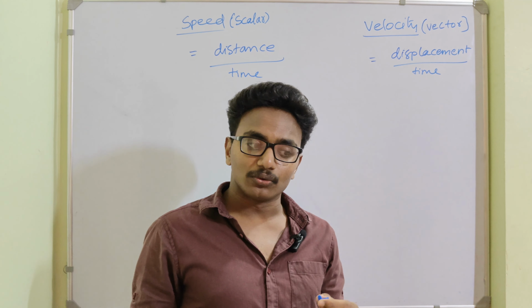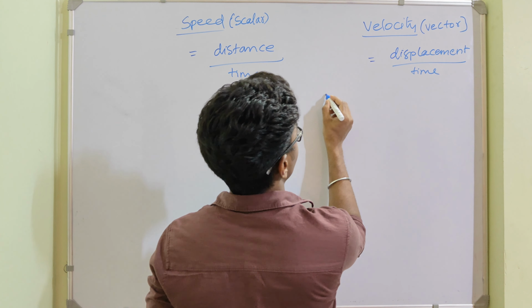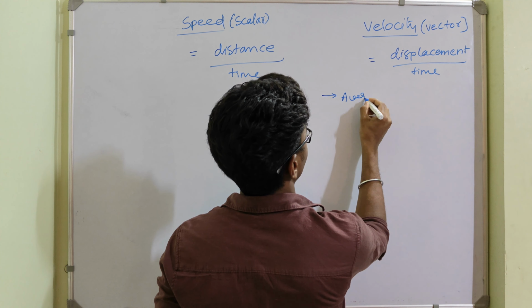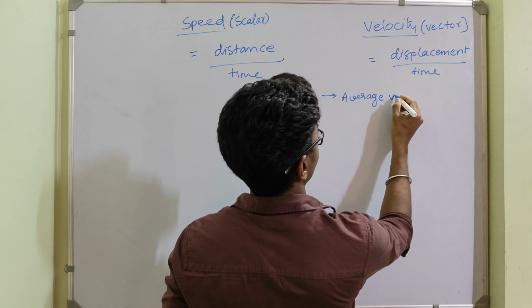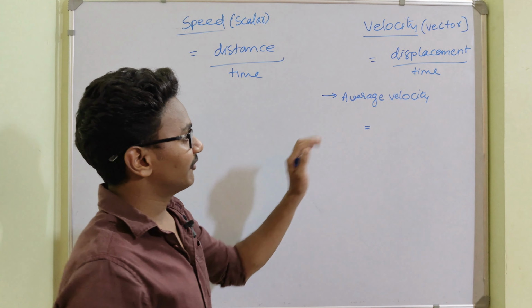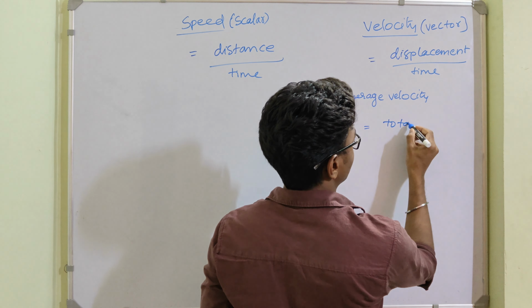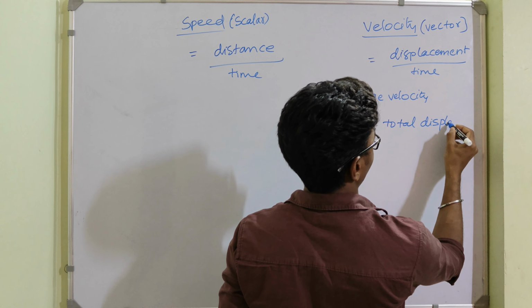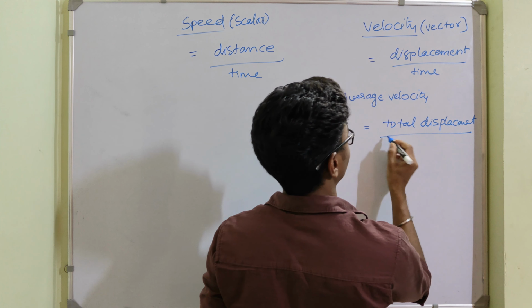Here we are going to deal with two kinds of velocity. One is average velocity, that is defined as total displacement by time period.